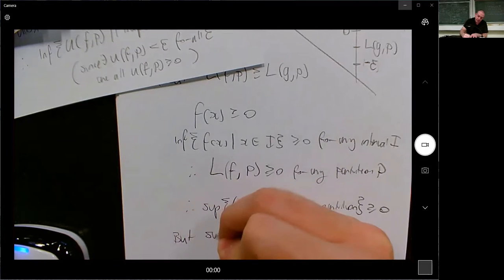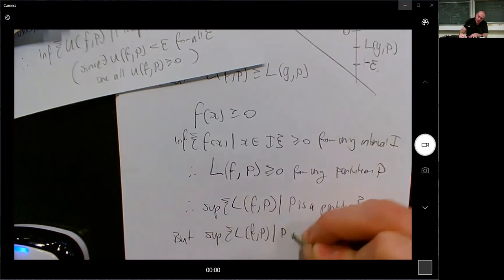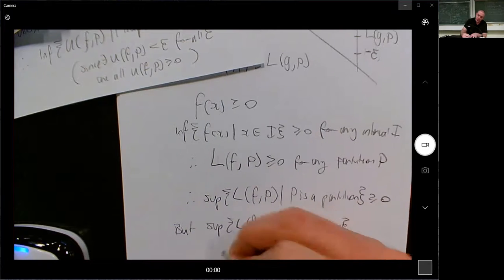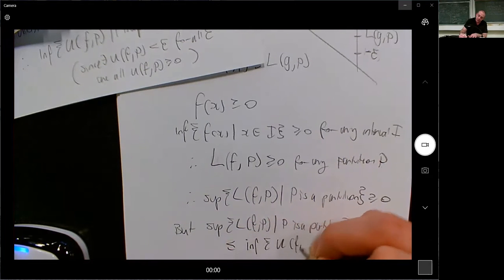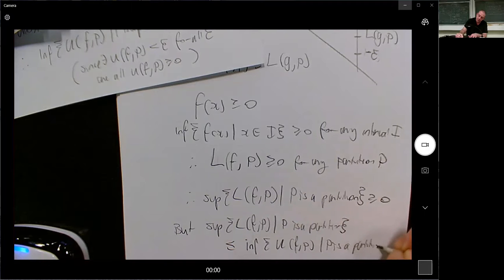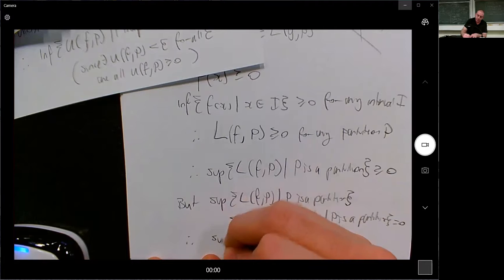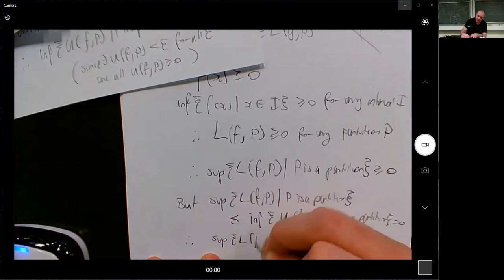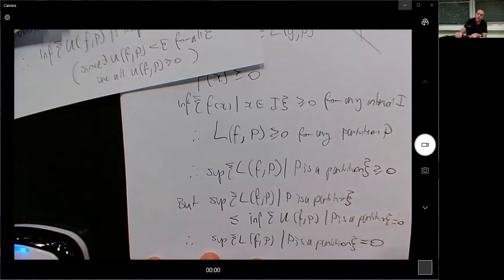But the supremum of L(f,P), P is a partition, is less than or equal to the infimum of the U's, P is a partition, which is 0. Therefore, the supremum of L(f,P), such that P is a partition, is also 0.